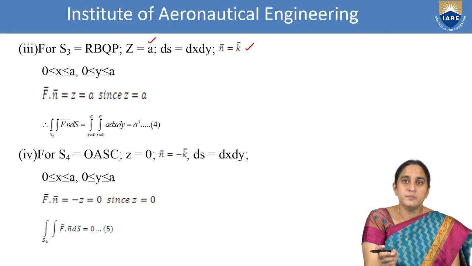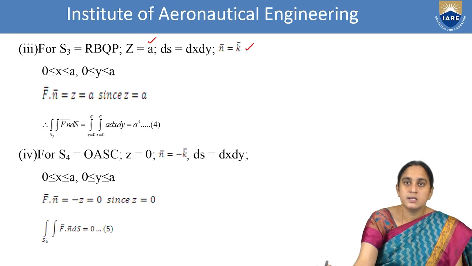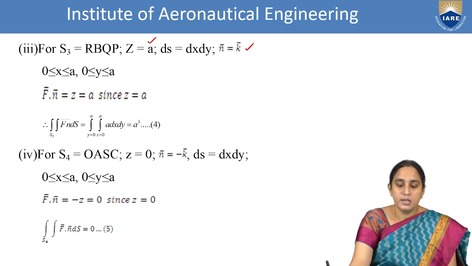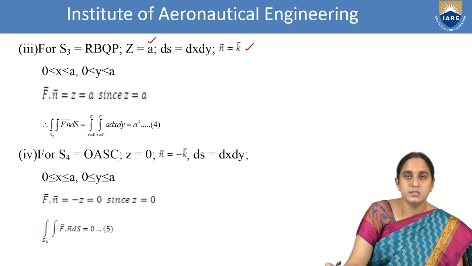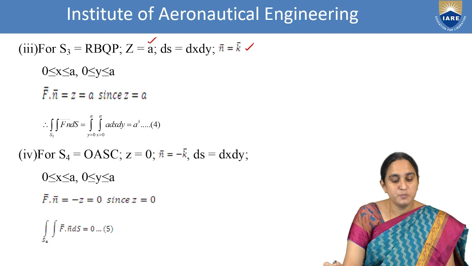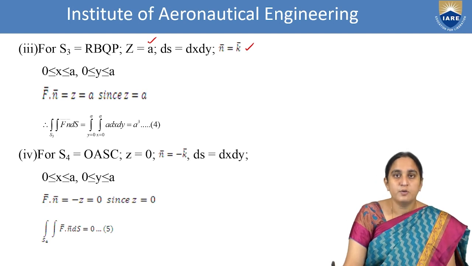So we consider z is equal to a, dS is equal to dx dy, and n bar is equal to k bar. Now I'll take the limits on x and y: x limits are 0 to a and y limits also 0 to a.